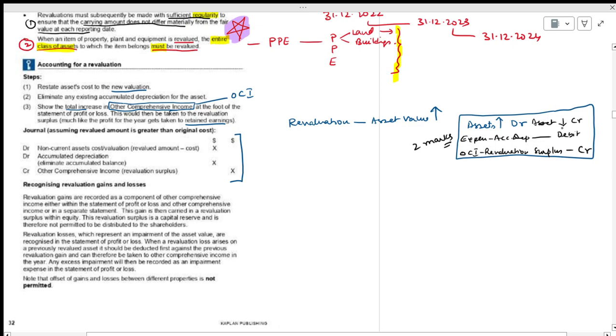Means debit means the asset value is increasing. Always debit. Accumulated depreciation, it is an expense. Debit all expenses. Debit. Other comprehensive income, revaluation surplus, it is going to be other income. OCI should be credit.